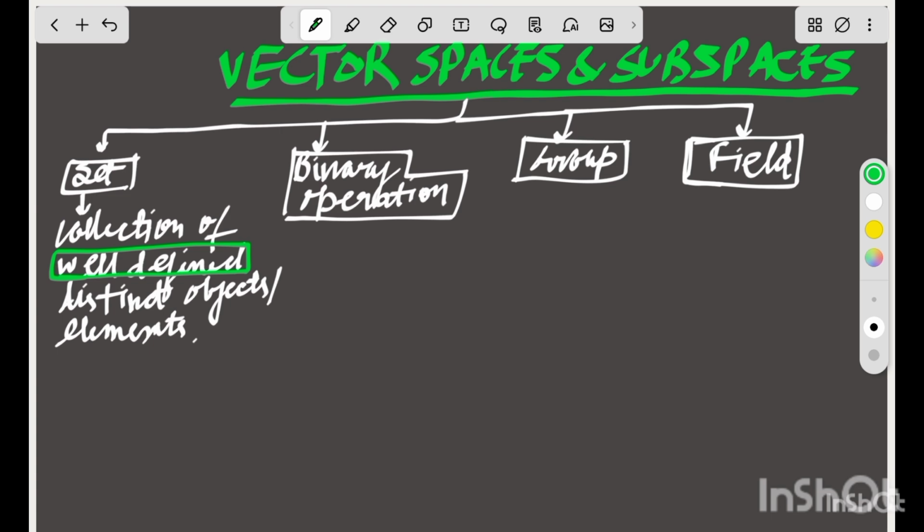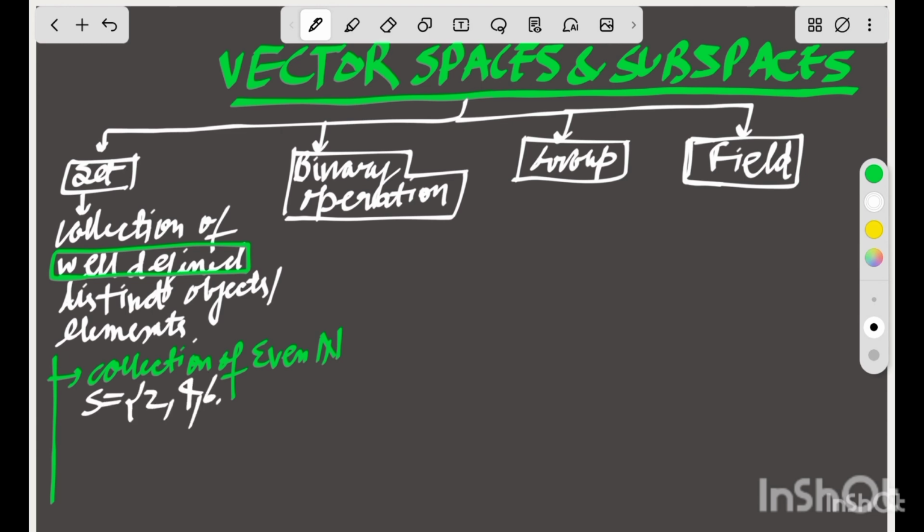For example, collection of the even natural number. This collection forms the set. As we clearly know that the elements belongs to the set are 2, 4, 6 and so on.